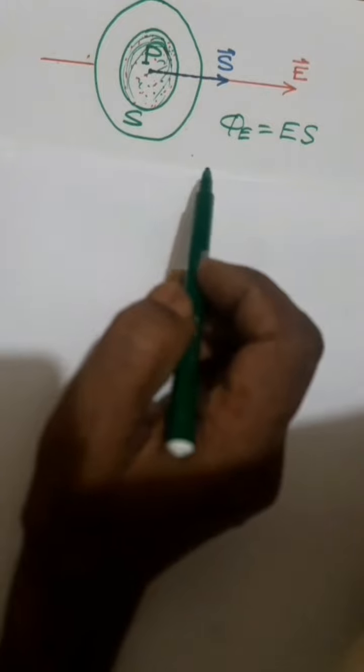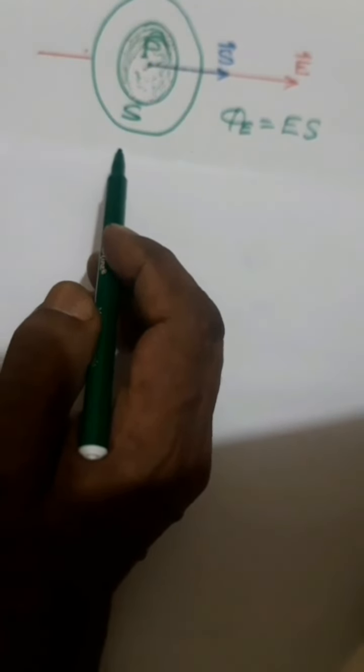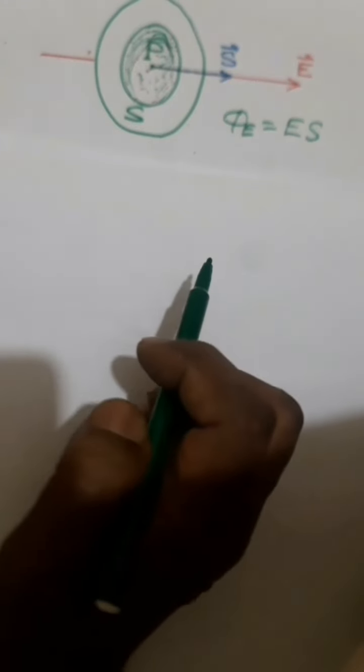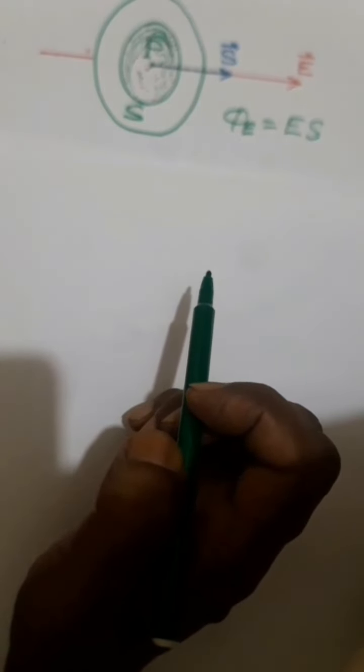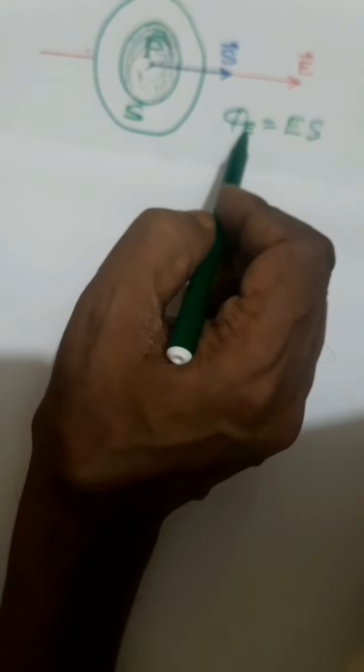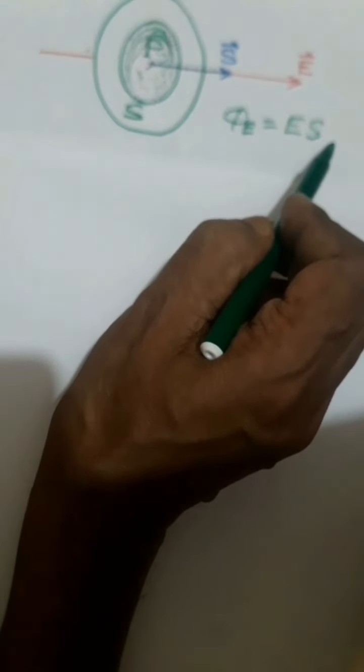Let E be the electric field at a point P. It means that E lines of forces are emerging from a unit plane surface kept perpendicularly with E. So the total electric lines of forces coming out from a perpendicular plane surface of area S is phi E equal to ES.